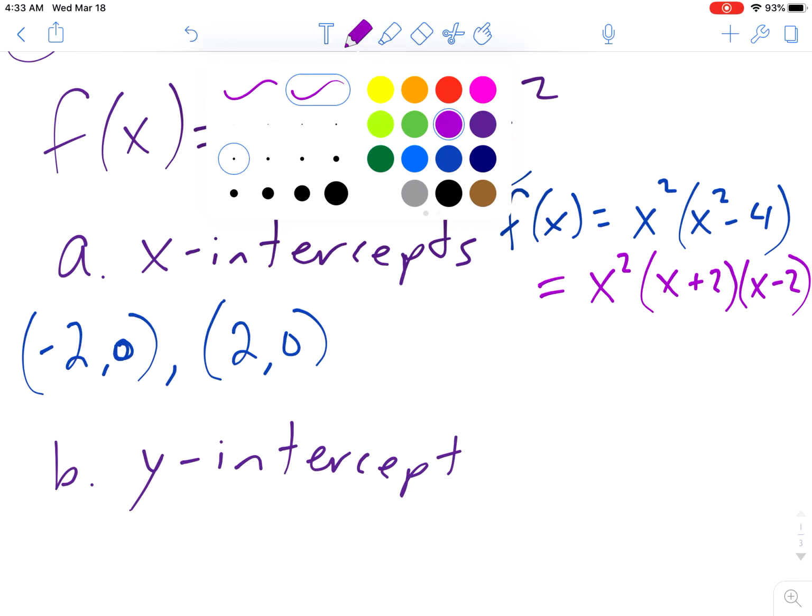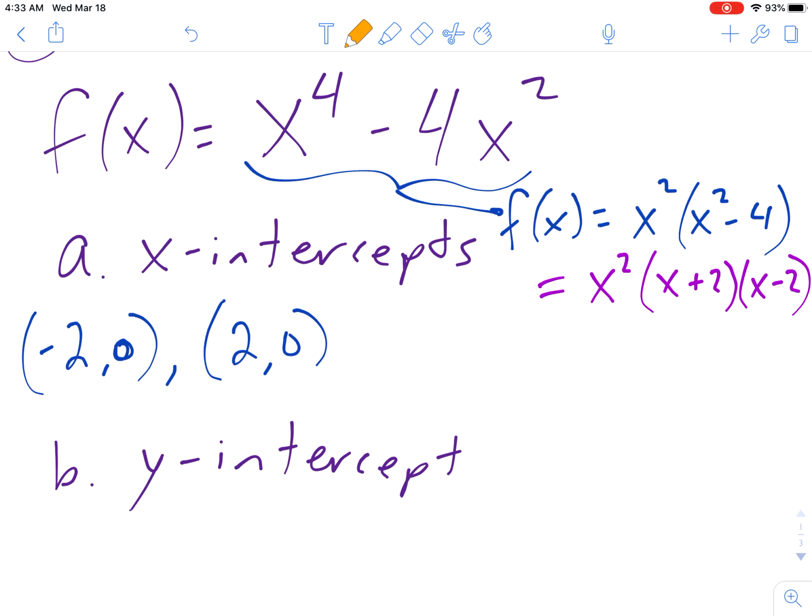Well, that just confirms what we suspected. This 0 is a -2. We already got that over there. This one is a +2. We already got that. And this one would be a 0, because if we put a 0 in here, this would cause the entire expression to become 0.